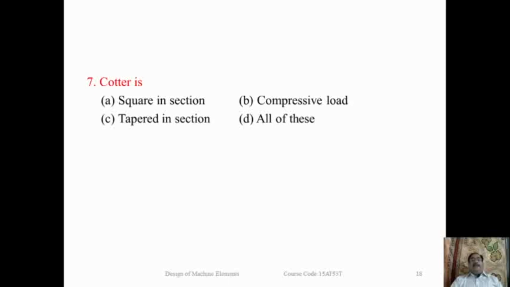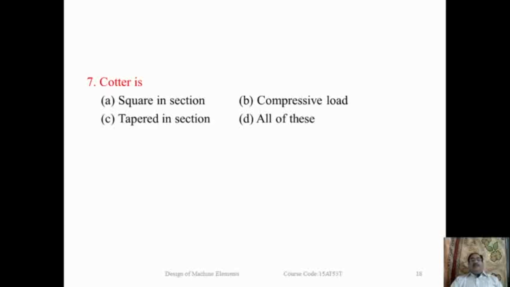Seventh one. Cotter is. Options are A. Square in section, B. Compressive load, C. Tapered in section, D. All of these. Here what you have studied is that the cotter is tapered in section because at the top we have more width than the bottom width.